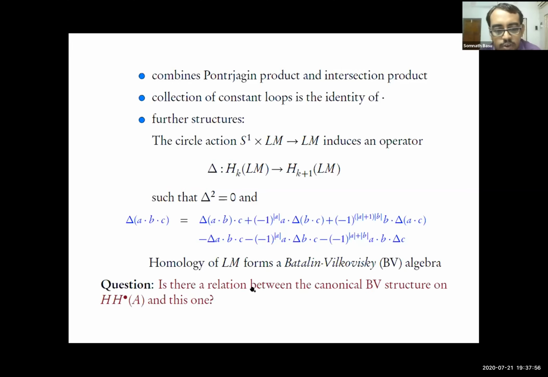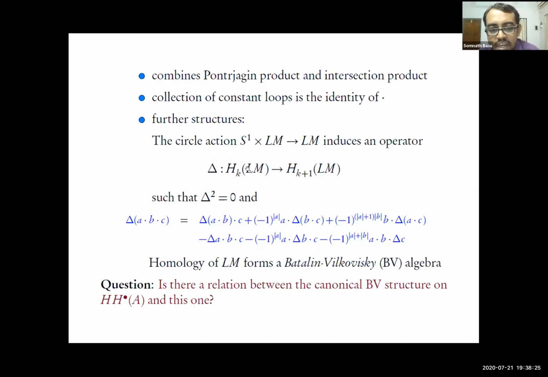The question is the following. Remember I said that the Hochschild cohomology of A, where A is an associative algebra or a DG algebra, has a lot of algebraic structures. One of them is that it has a canonical BV structure. I didn't say what it was then, but I can say it now. Remember there was some identification between the Hochschild homology of the chains of the base loop space and the homology of the loop space.